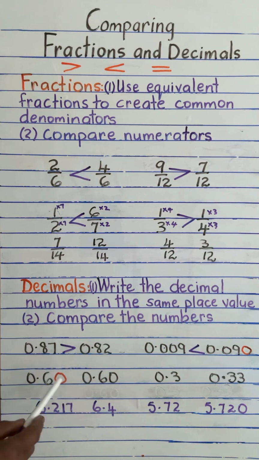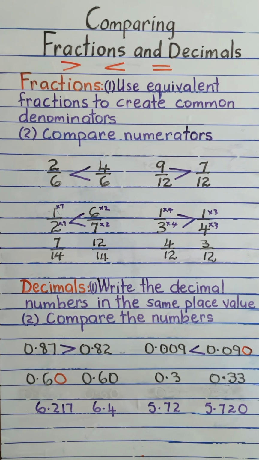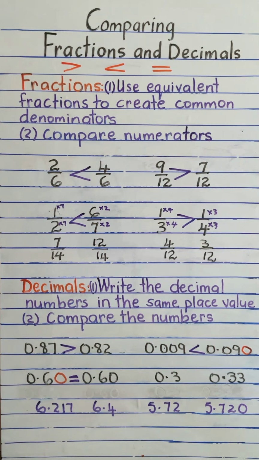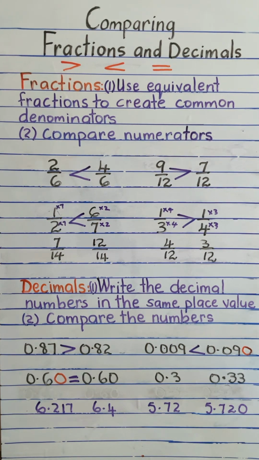These cannot compare. We have a 0 here and we have a 0 here. They cannot compare. So therefore, 0.6 is the same as 0.60. So here, we're going to put our equal sign. They are the same. So we put our equal.